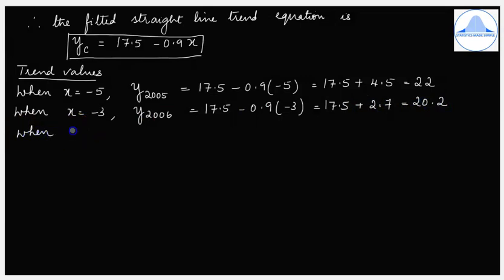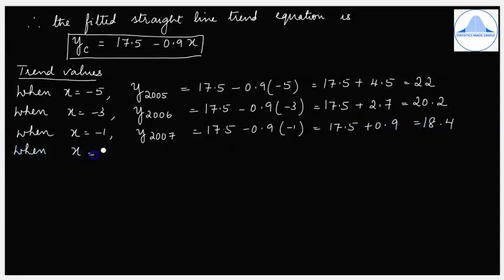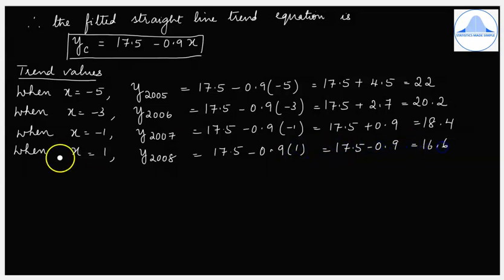Similarly, when x is equal to minus 1, y 2007 is equal to 17.5 minus 0.9 into minus 1, which is 17.5 plus 0.9, which is equal to 18.4. Then when x is equal to 1, y 2008 is equal to 17.5 minus 0.9 into 1, which is equal to 17.5 minus 0.9, which is 16.6.